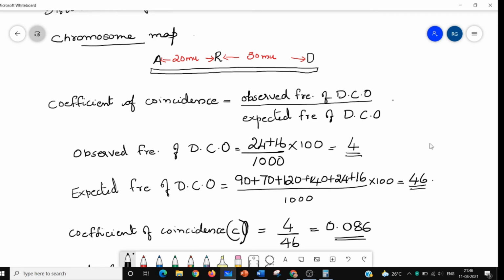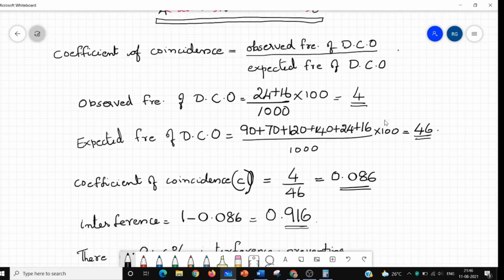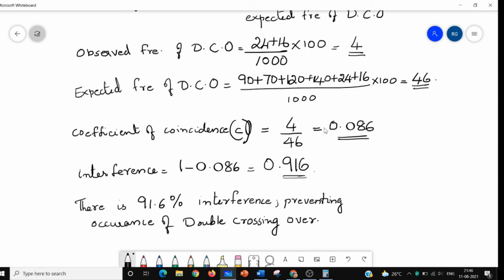Now we can put these values into the formula. Coefficient of coincidence is the observed frequency of double crossovers, 4, divided by the expected frequency of double crossovers, 46. These are all percentages, this is 4 percent and this is 46 percent. By computing this, we get the value as 0.086. This is the coefficient of coincidence.